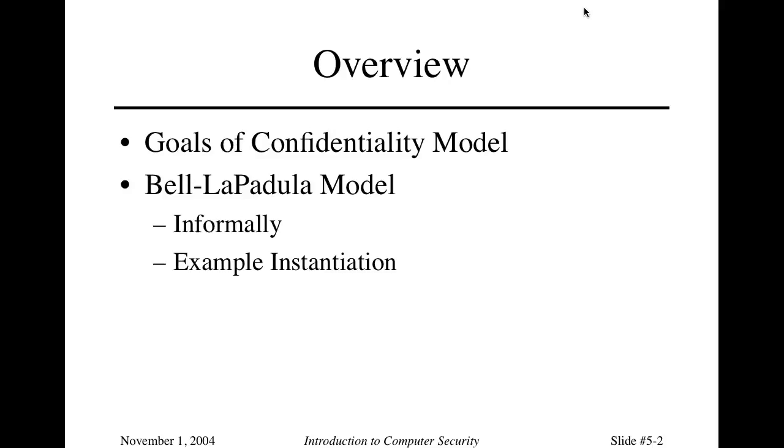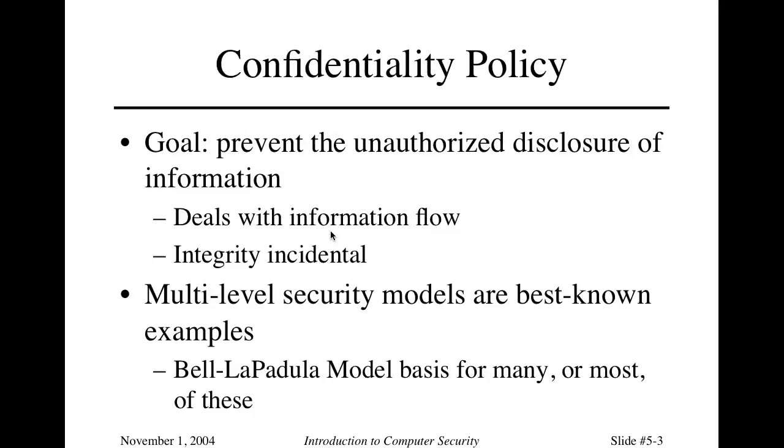The model says who can access what, or what permissions are allowed for the access. More specifically, the goal of the model is to prevent the unauthorized disclosure of information.